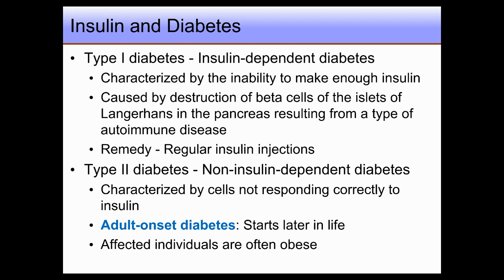And so, these are people that have to inject themselves with insulin since they were children. Type 2 diabetes is where there's an issue with the receptors that we just looked at. That signal between hormone and receptors is not working. Okay. And type 2 diabetes tends to start later in life, in people that tend to be obese. So the idea is that the insulin's there, but there's a breakdown in signal transduction.